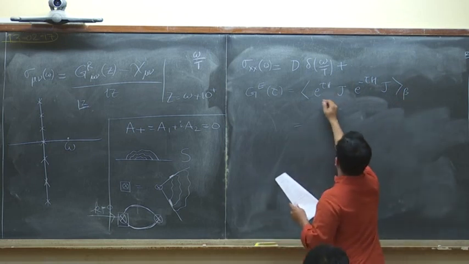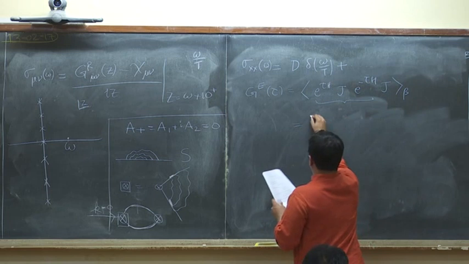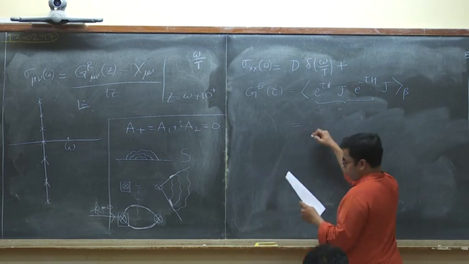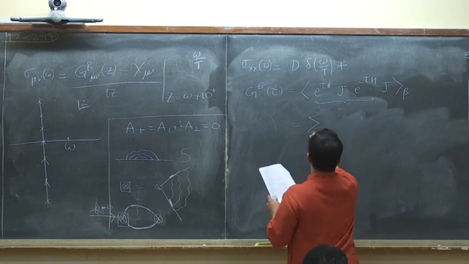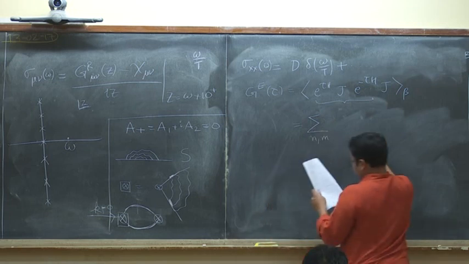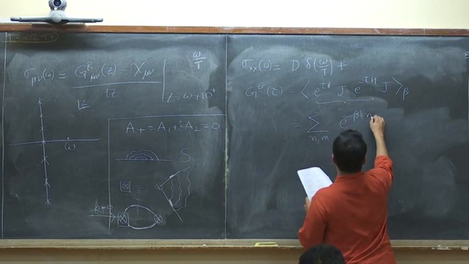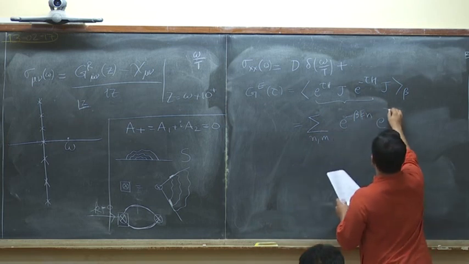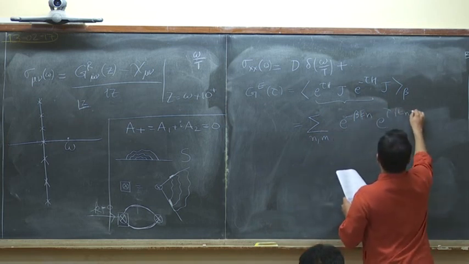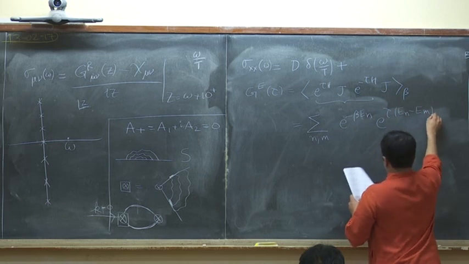So this is J of tau. And in the spectral representation, I'm going to omit the 1 over Z, it's the double sum over the spectrum, e to the minus beta E_n, e to the tau (E_n minus E_m).